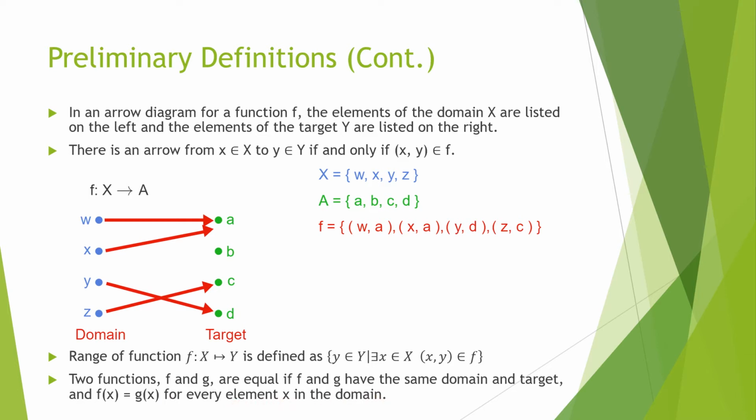So the functions f and g are equal if and only if two conditions are true. What's the first condition? They both should have the same domain and same target. What's the second condition? For every element x in their mutual domain, f of x should be equal to g of x, which means that both f and g should map x to the same element in their mutual target.